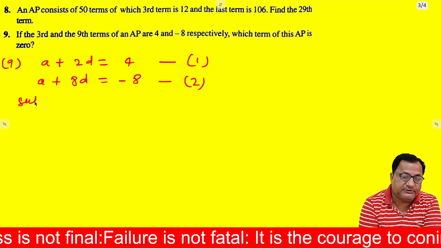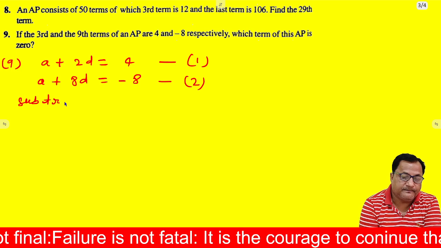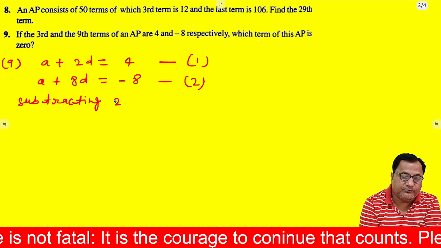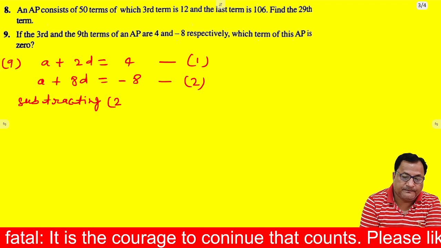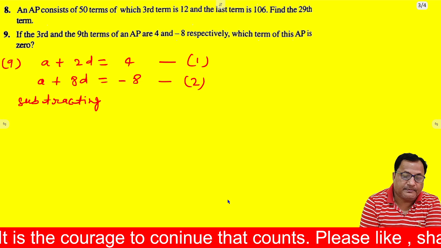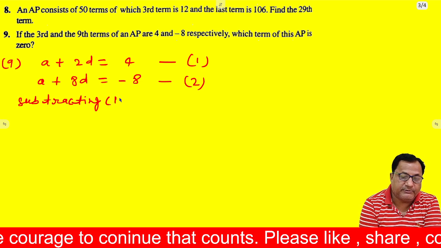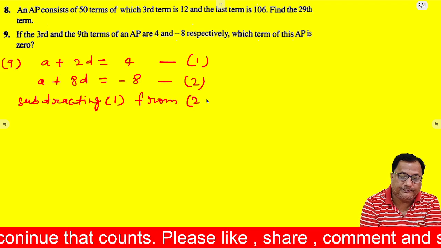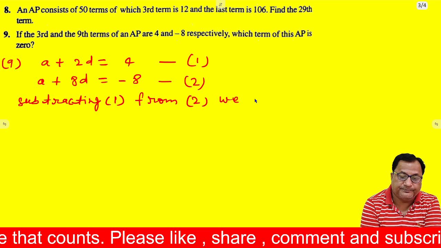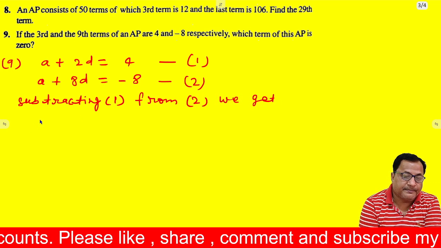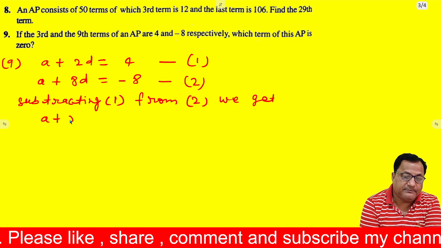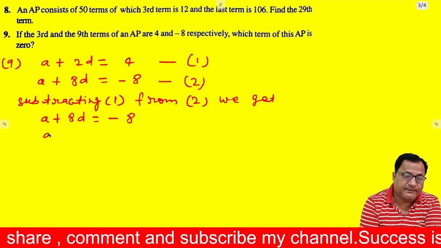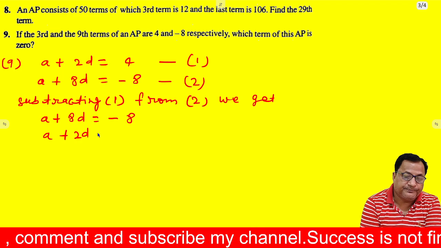Now subtracting 1 from 2, we get a + 8d = minus 8, a + 2d = 4.